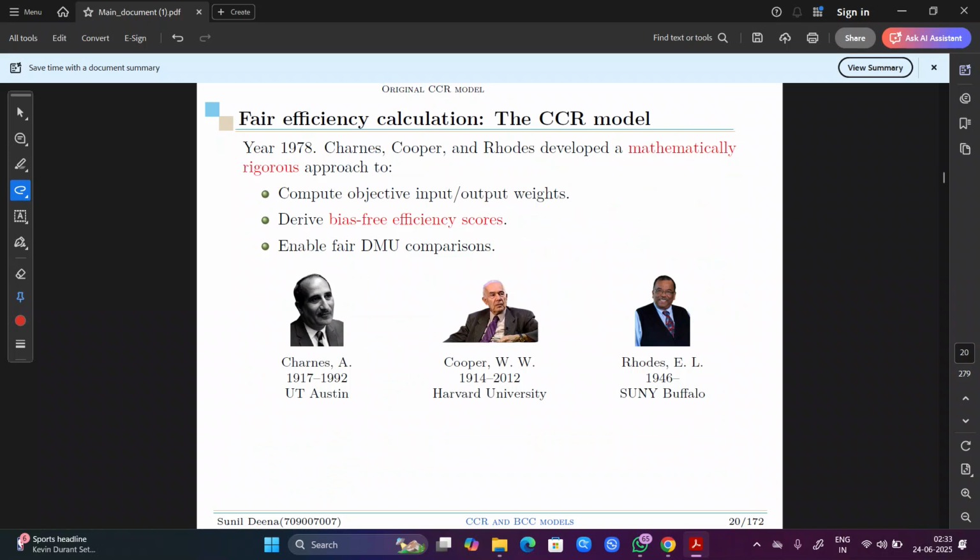So these three great scientists discovered or invented this CCR model. This is a very important model. Now the research starts, and this type of research is used in economics for policy making, and in operations research, mathematics and management also.